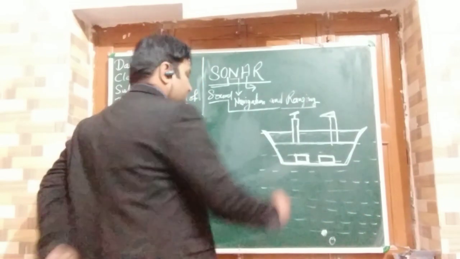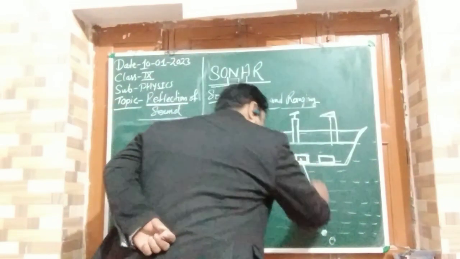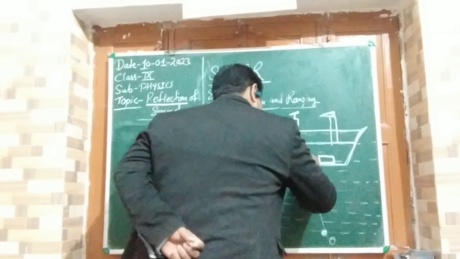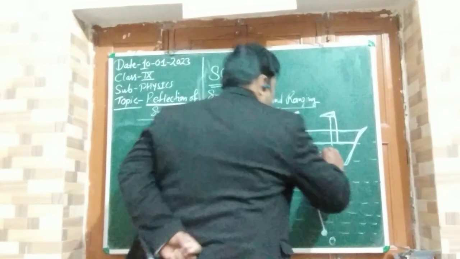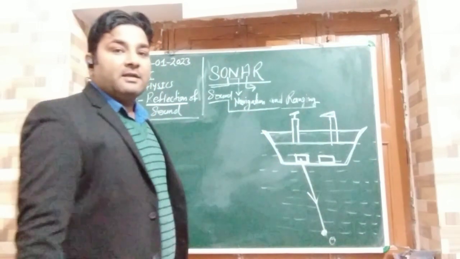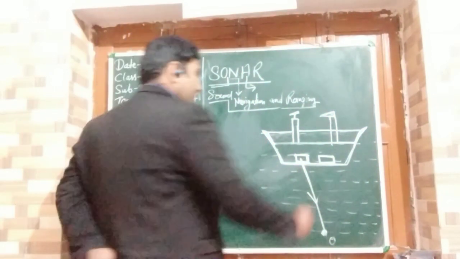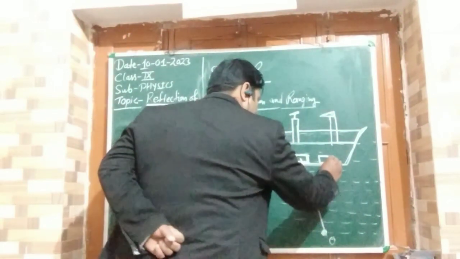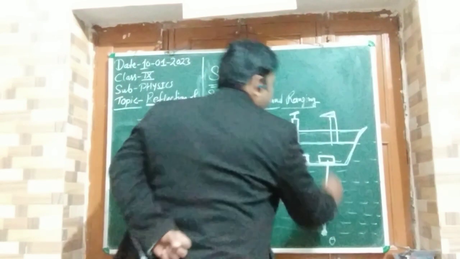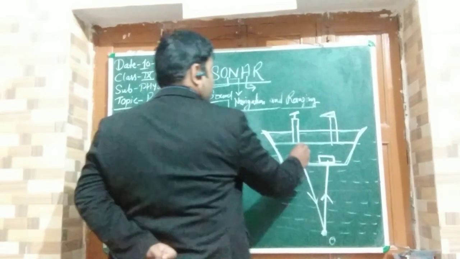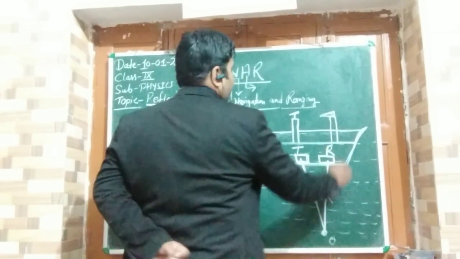Clear? This wave, when propagated, reflects from this object and is reflected back, and then another setup is the receiver. This is the transmitter and this is the receiver.